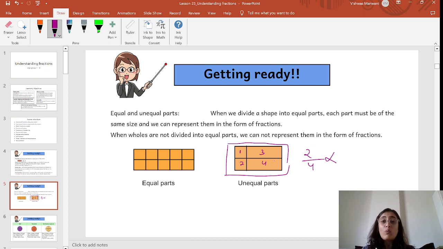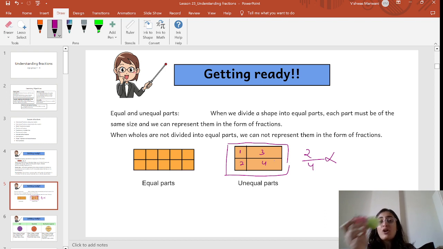Depends. See, what is the number of my apples? I have 2 apples. Okay, and what is the number of my total fruits? The number of my total fruits is 6. So automatically the fraction of apples among these total fruits becomes 2 by 6 because this is 2 parts of the 6 parts. I hope this is clear to everyone.